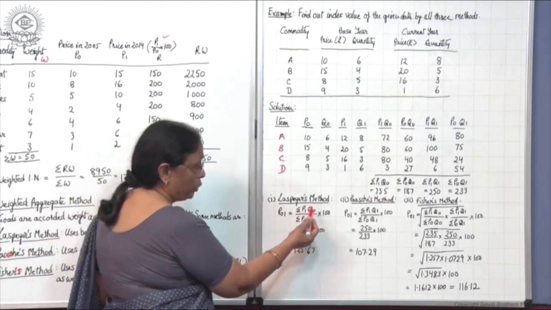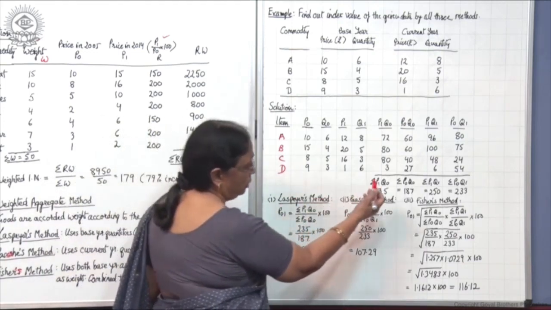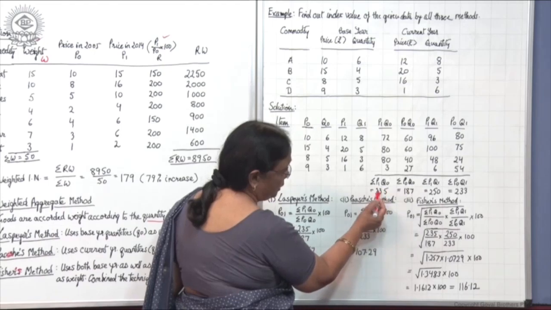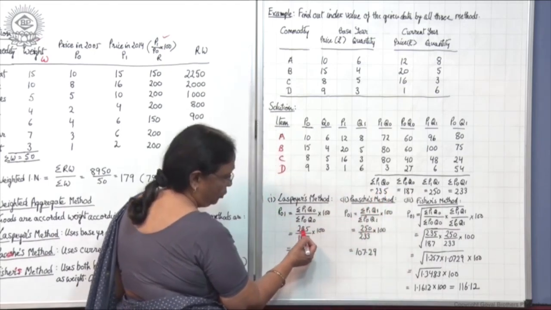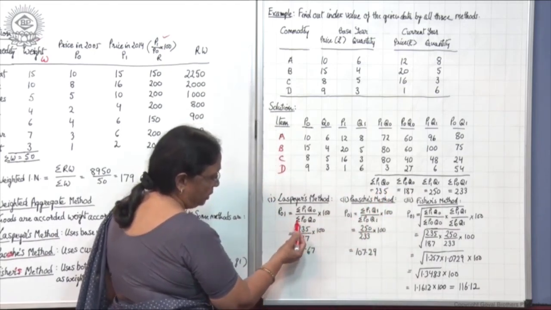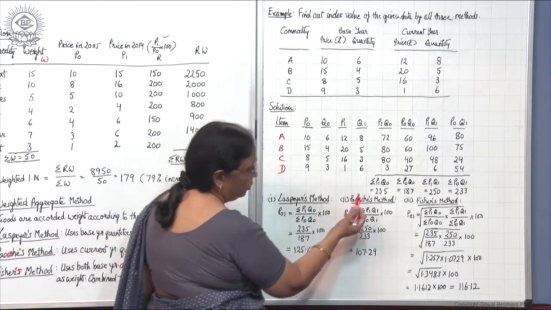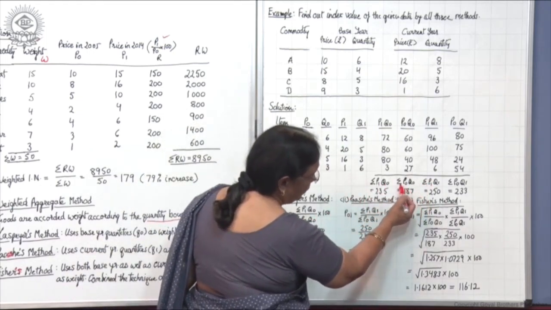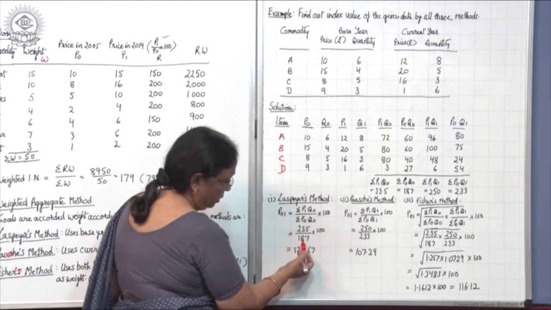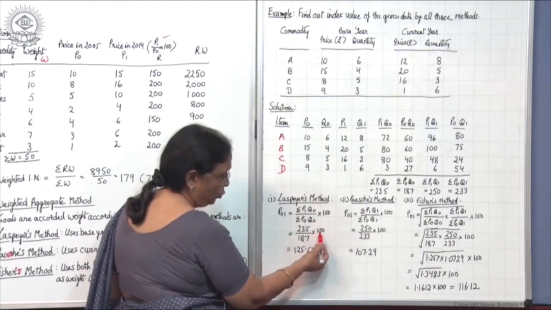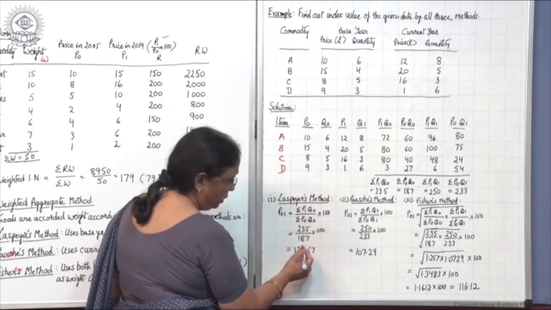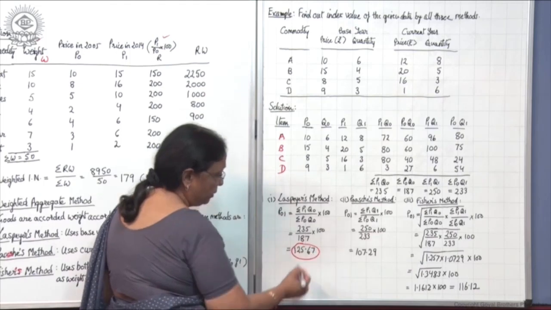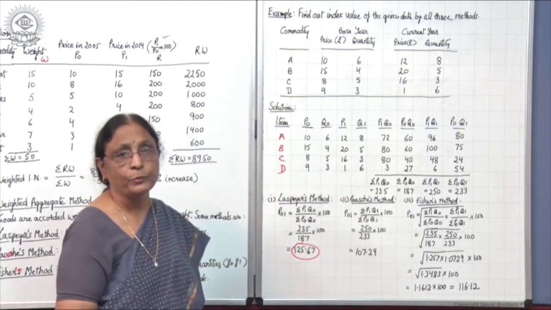Sigma P1 Q0, now find out here, where is sigma P1 Q0? It is here, so write down 235. Sigma P0 Q0, you have to look here, P0 Q0 is 187. Write down 187 into 100 and you get this as the index number according to Laspeyres' method.